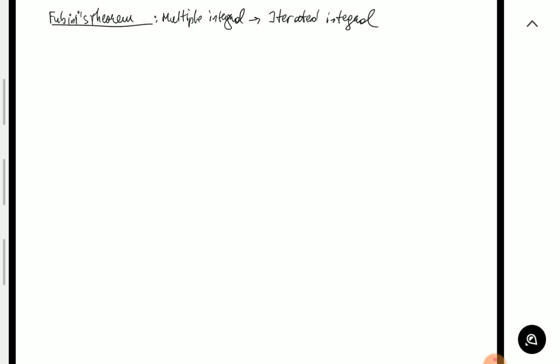There should be at least one variable with constant bounds, which should be on the outside of the integral, right? It's the last one to be computed. So basically, let's say x is between a and b, and in the case of a double integral, y then can be between bounds depending on x.